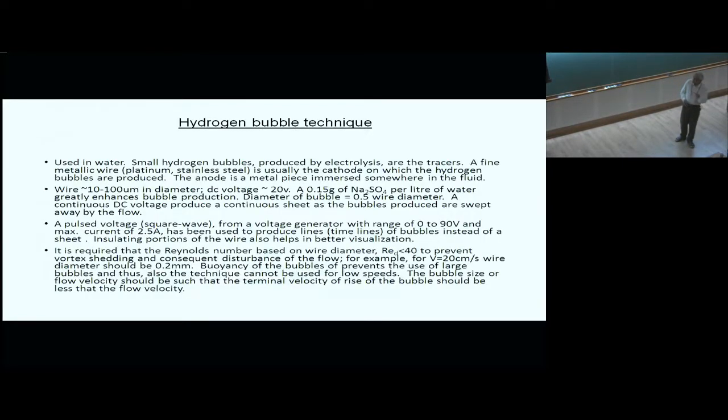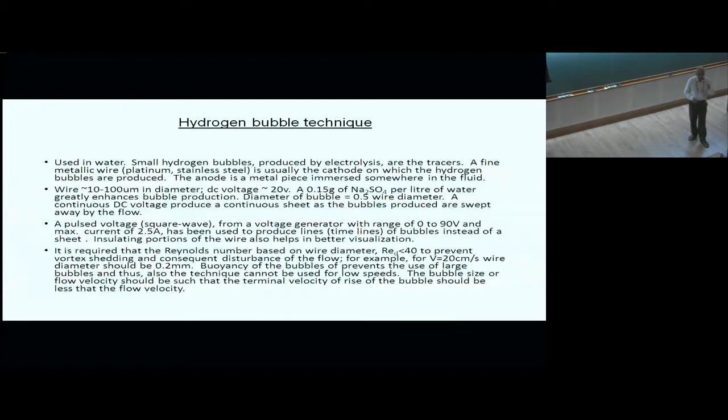And one of the common techniques, I just wanted to show this hydrogen bubble technique because it's kind of important, but it's not so useful for free convection flows because of the buoyancy of the bubbles itself. So basically it is an electrolysis technique, and you produce hydrogen bubbles on one surface, and usually it's a wire. And in all these techniques, as I said, you should not change the flow field.